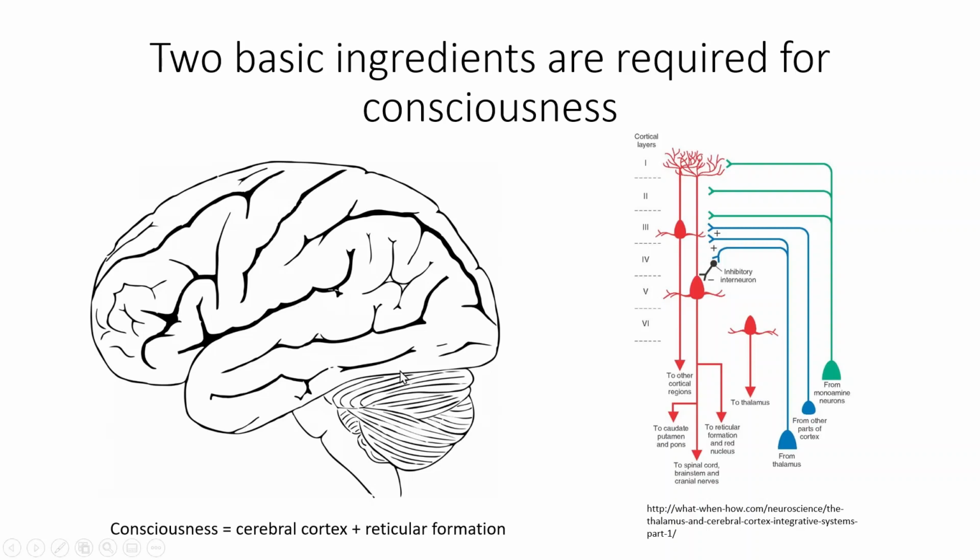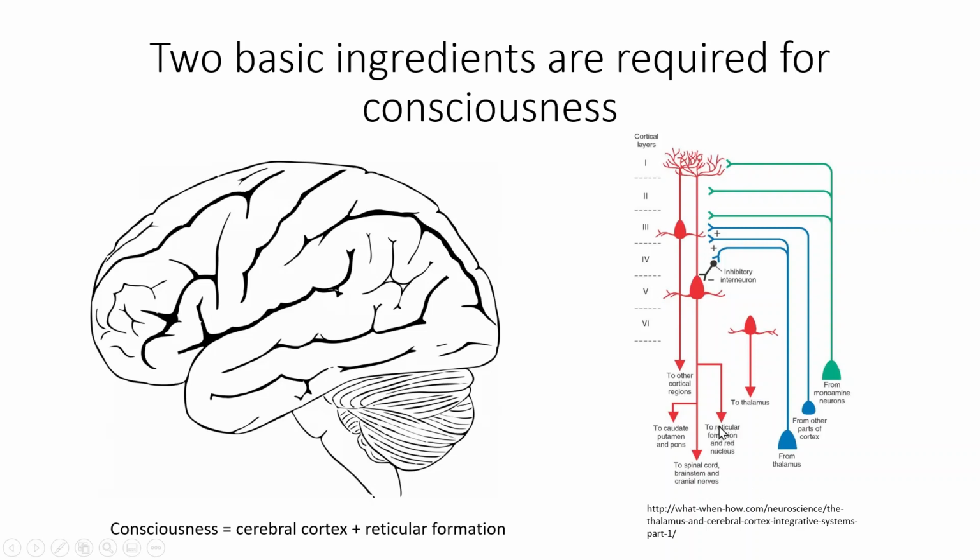So if we take a look at the image on the right hand side, the red neurons here are the pyramidal neurons of the cerebral cortex, which are projecting downwards to, as you know, lower motor neurons, for example, but furthermore projecting to the reticular formation itself.